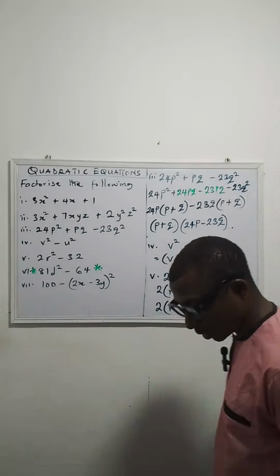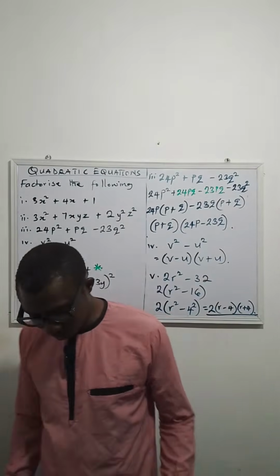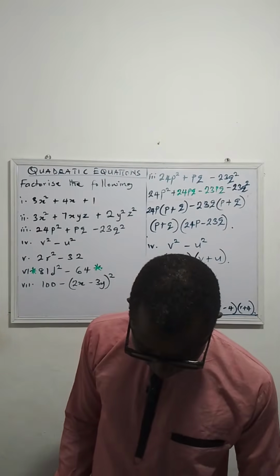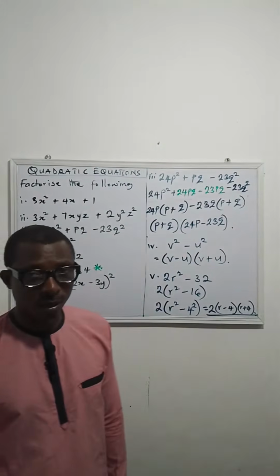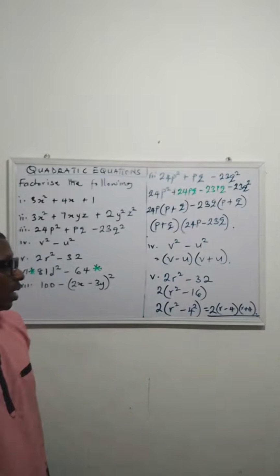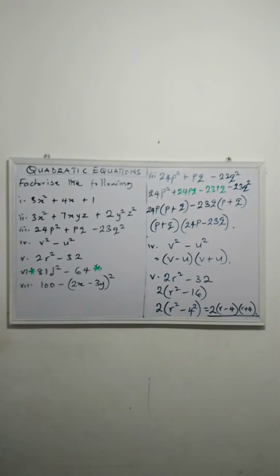Okay, I want to believe that you guys are trying the problem. So now let me solve the problem so you can compare with what you have, whether what you have is the same as the result I'm going to have, and the method I'm going to use to solve this.